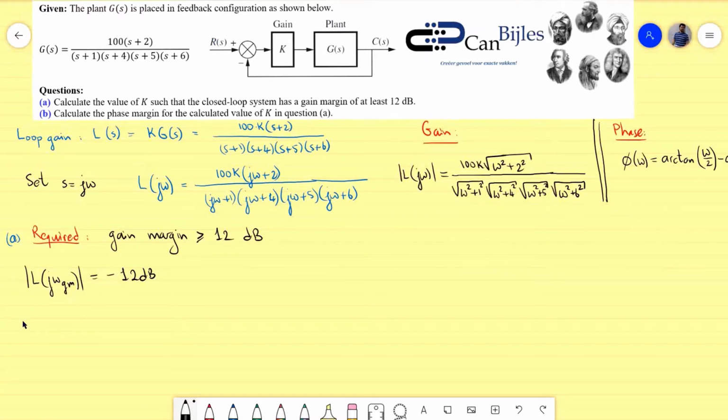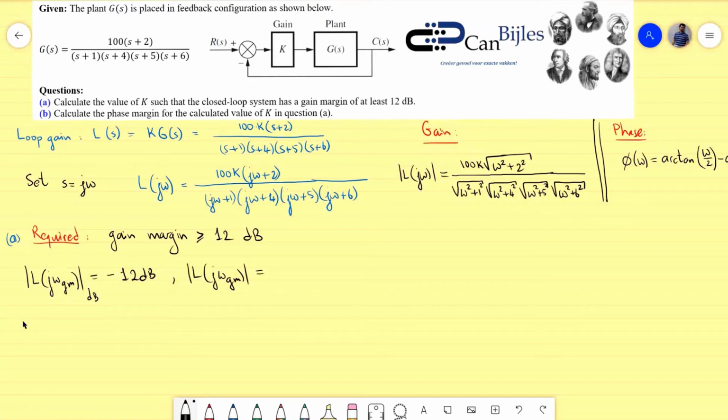So what we have is expressed in dB, and if I now convert this to just factors, I will have 10 to the power minus 12 divided by 20. So it is the conversion from the factors to dB expression. Let me write it down in a different form. I can also have the loop gain at that frequency, omega gain margin, but then just as a factor.